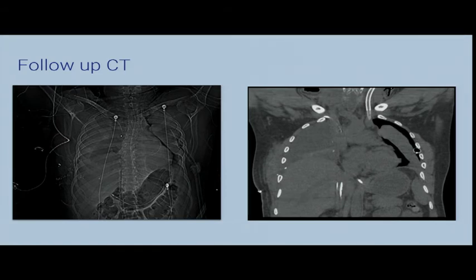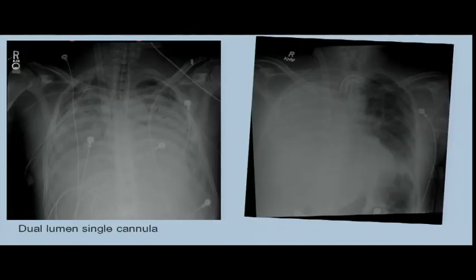If we look at it, this is the cannula, the internal jugular, and the IVC, but you can see that there is pneumothorax and collapsed lung on the left, and the airway is totally opacified, totally filled. So there is no way this patient could actually have coped on his own without the ECMO device.